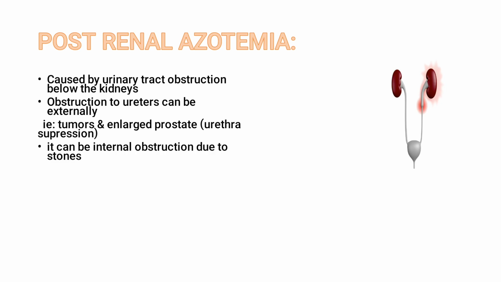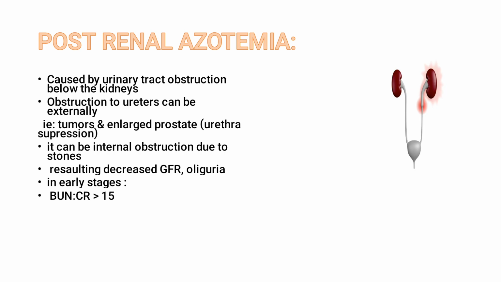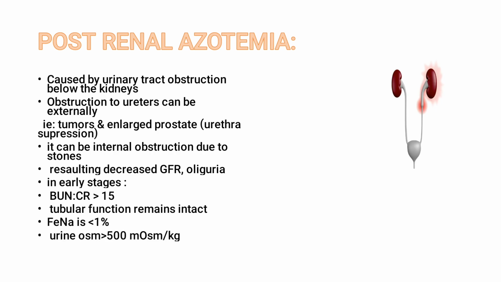Now it can be internal obstruction due to stones, resulting in decreased GFR, oliguria. Now remember, in early stages it's not very complicated. In this case we have a ratio greater than 15, tubular function remains intact, and the FeNA is less than 1%, and the urine osmolality is greater than 500 milliosmoles per kilogram.